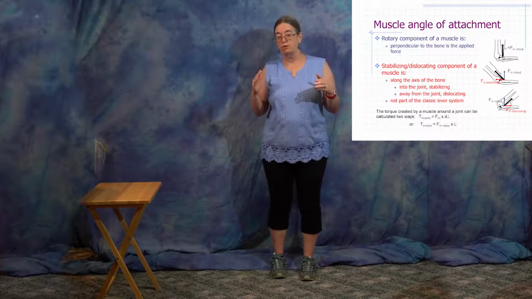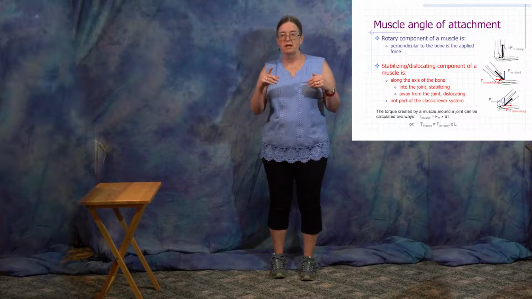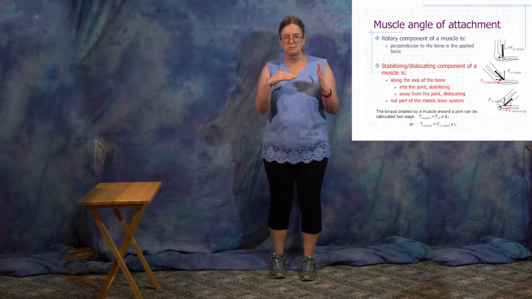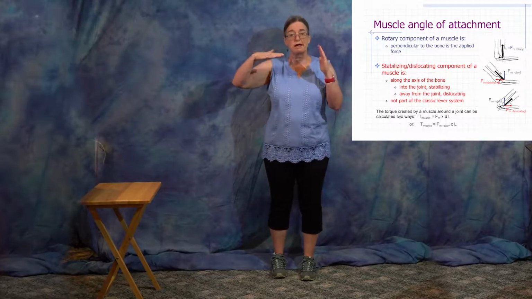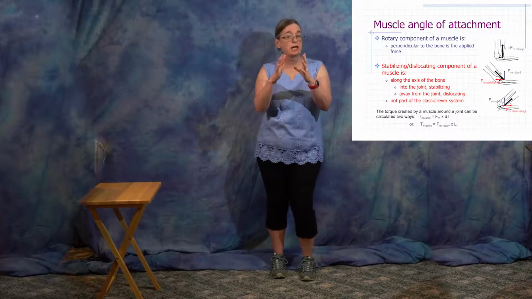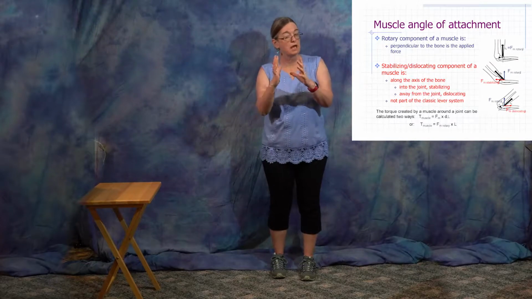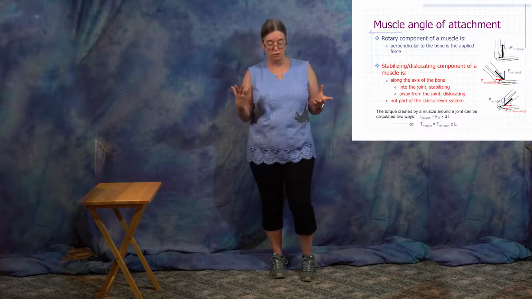That would be the portion of the muscle force that is causing rotation. If you took the stabilizing component and multiplied by its moment arm, it has no moment arm. It acts directly towards the joint center, so it actually has no moment arm. So the stabilizing or dislocating components play no role in creating torque.